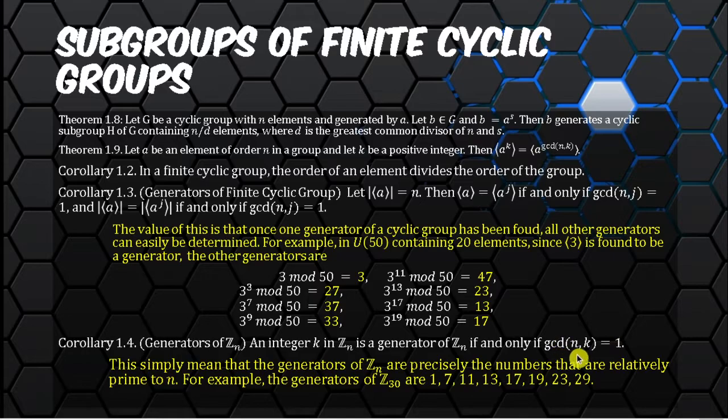That's just saying na k is already a generator of addition modulo n if it's relatively prime to n.